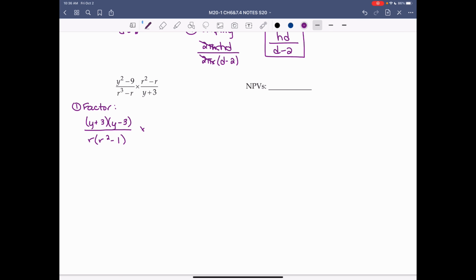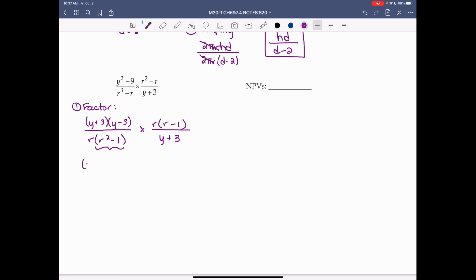Next fraction, r squared minus r. I can factor out an r there, we get r times r minus 1. On the bottom, y plus 3 can't be factored. So do I have this factored? Well, we can actually factor this one further because now that's a difference of squares.